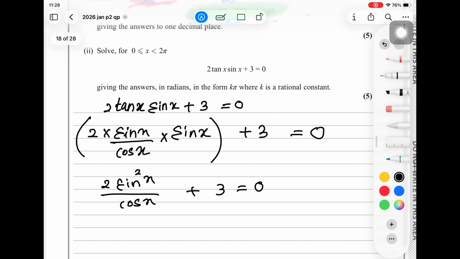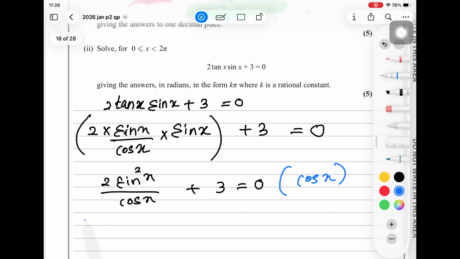So we have this. Now I'm going to multiply the whole equation by cos x. When you multiply by cos x, you're going to get 2 sine squared x plus 3 cos x equals 0.